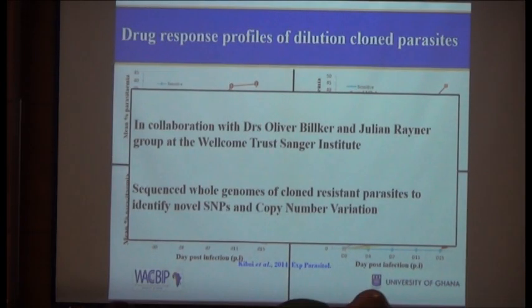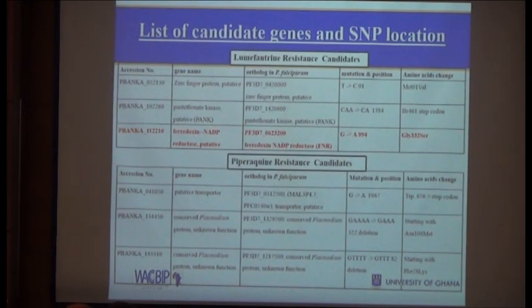So we proceeded further, and with the help of Dr. Oliver Billker and Julian Rayner, we sequenced the whole genome of these parasites. The key thing was to identify the novel SNPs and possible copy numbers that could be associated with piperaquine resistance and lumefantrine resistance. So we narrowed down on a number of mutations.